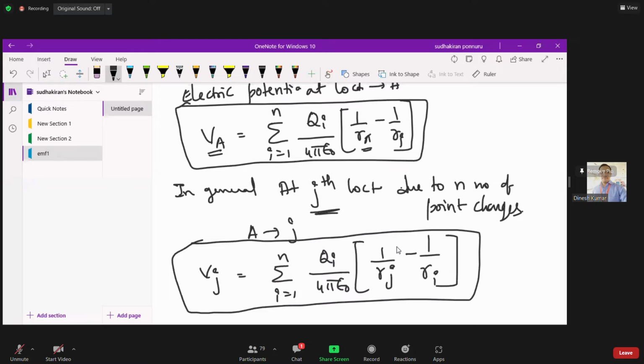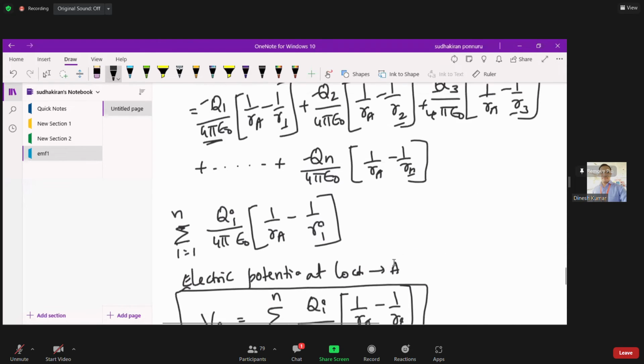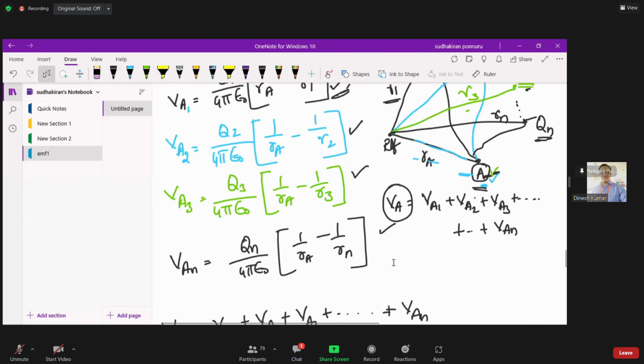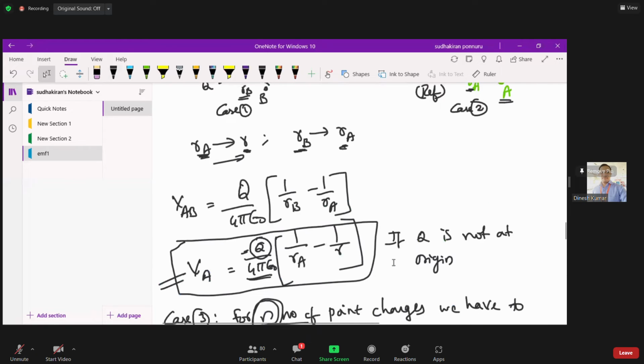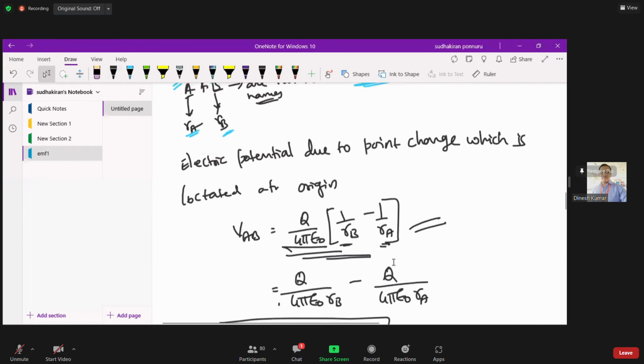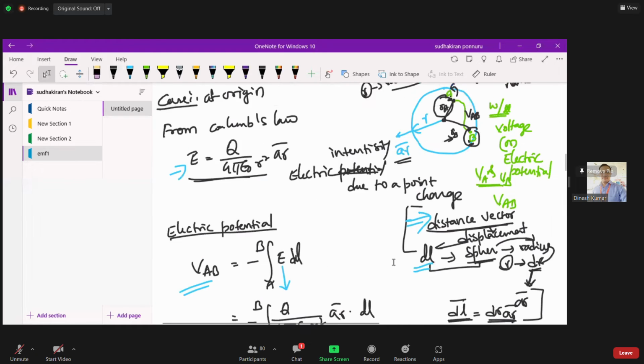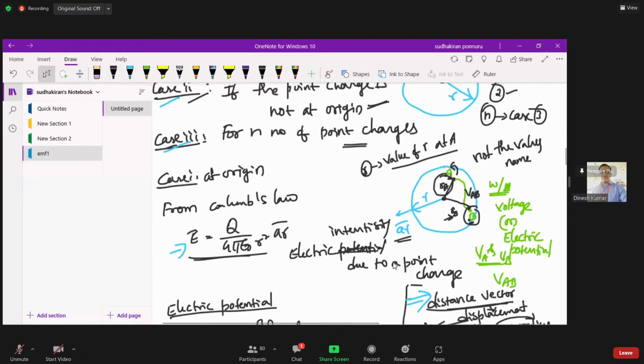So this is case 3. So what does this come under? A single question, which is nothing but finding the electric potential for a point charge.